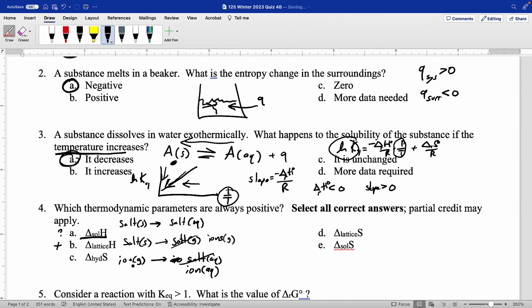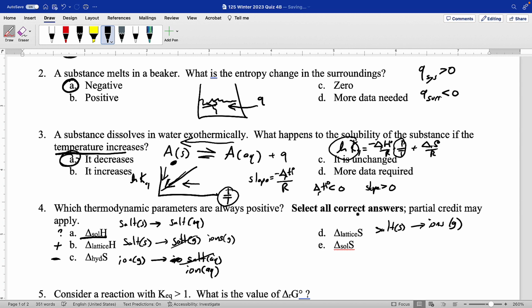Hydration, you're going from ions flying around in the gas phase to ions stuck in water inside of hydration spheres, and of course you're orienting the water when you make hydration spheres, so there's a lot of entropy loss here, so this is always negative. Lattice entropy, so we're going once again from salt crystal in the solid to ions in the gas phase, and so there's way more entropy.